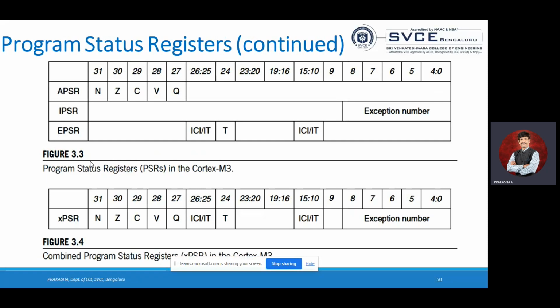Assume that my input is minus 55. I have given the input as minus 55. So for minus 55, the MSB will be 1 and the remaining values will be written as they are. This 1 indicates that the value you are adding is a negative number.